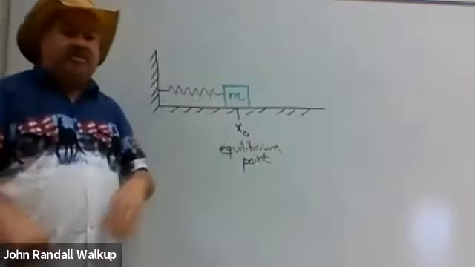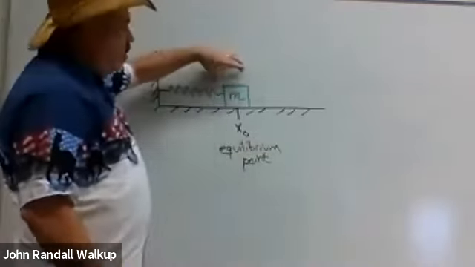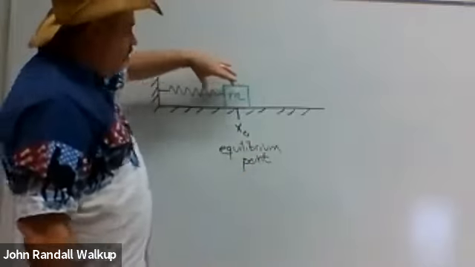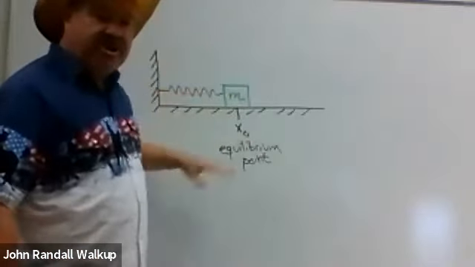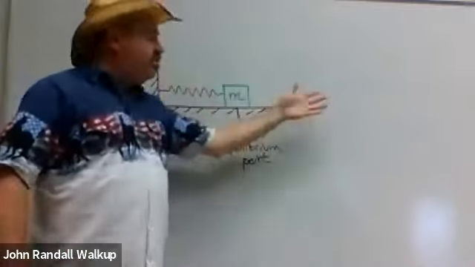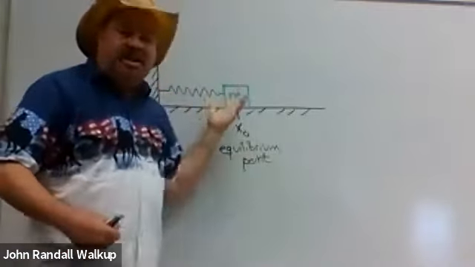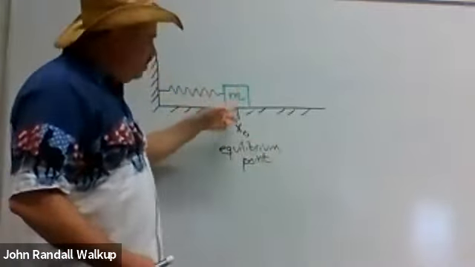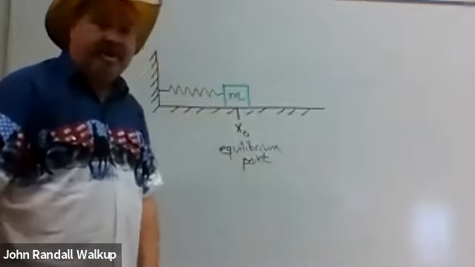So in other words, we could walk up and look at this and see, oh, this mass is not oscillating, it's motionless. The spring is not pushing it or pulling it, it's in its natural state. This point where it's located is called the equilibrium point.